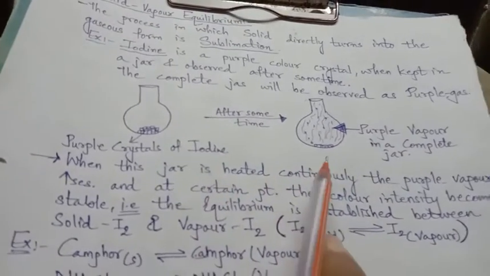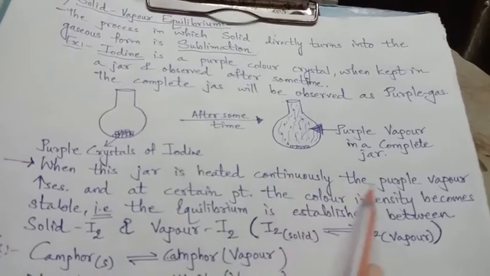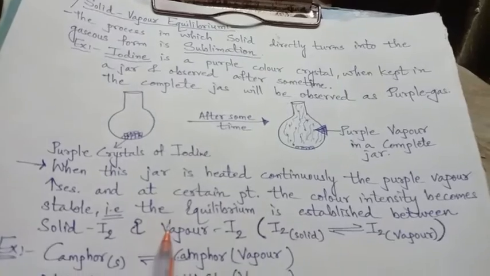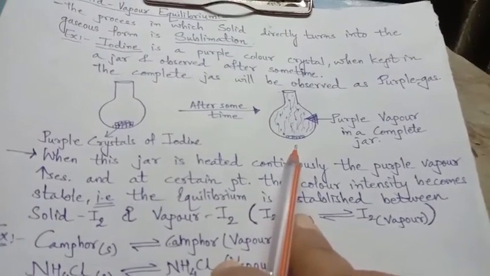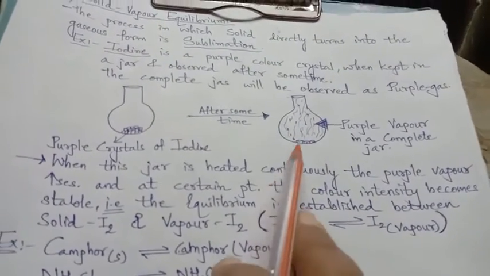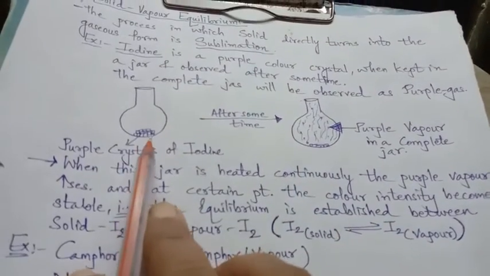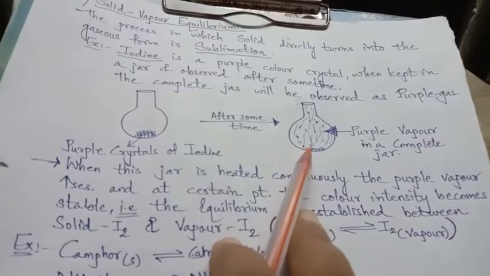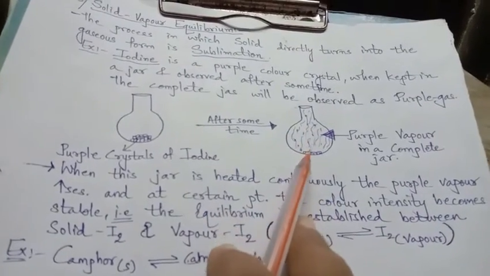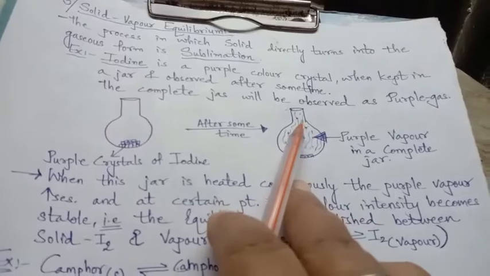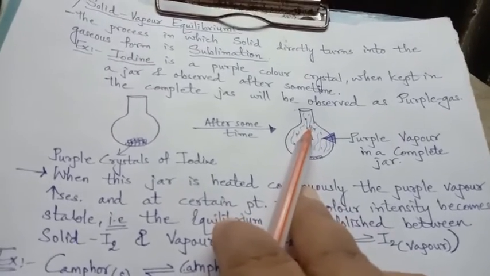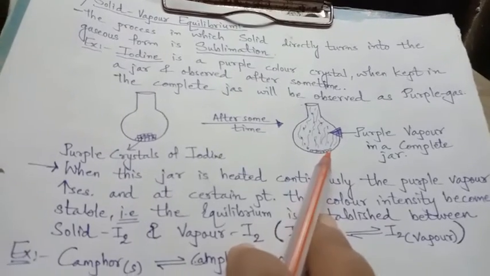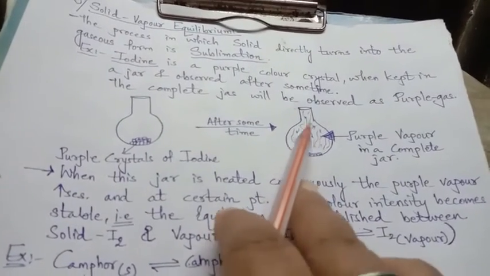When this jar is heated continuously, the purple vapor increases, and at a certain point the color intensity becomes stable. That is, the crystal iodine forms vapor, and then some of the vapor, when it rises up, converts back to a semi-solid form, and this keeps on changing.